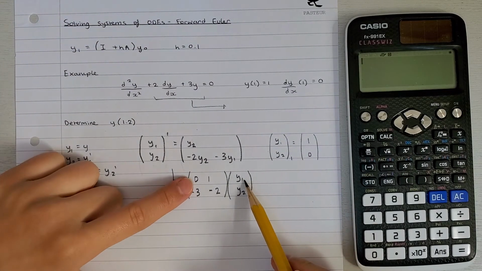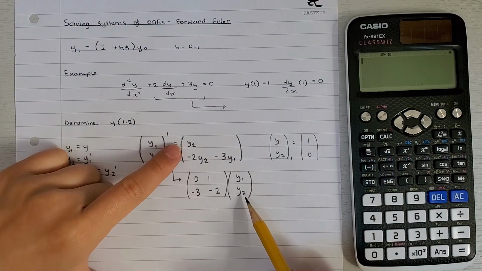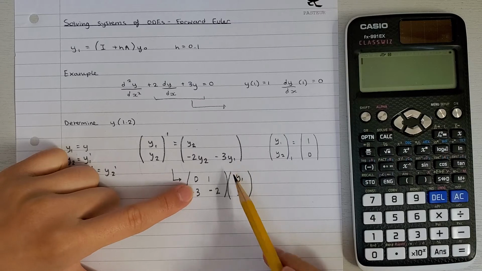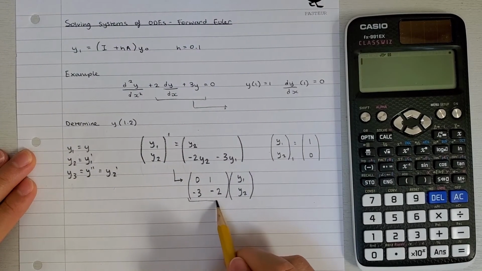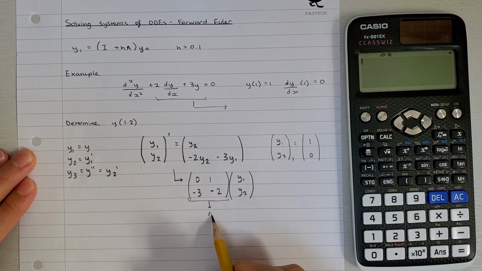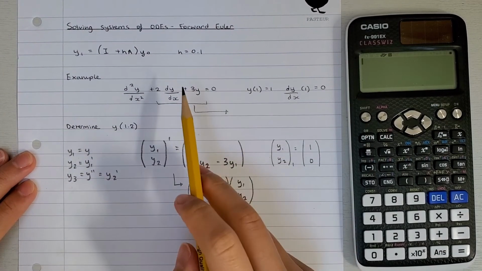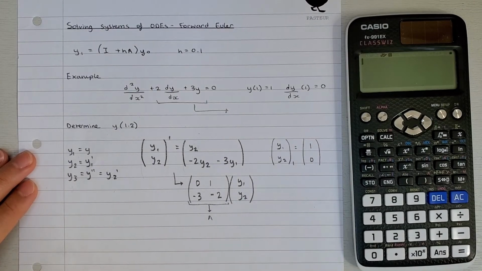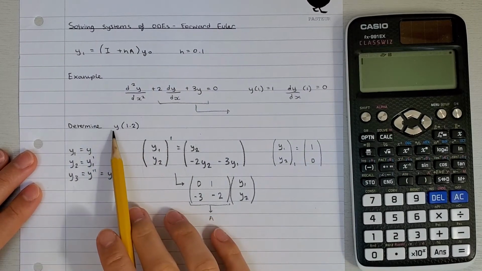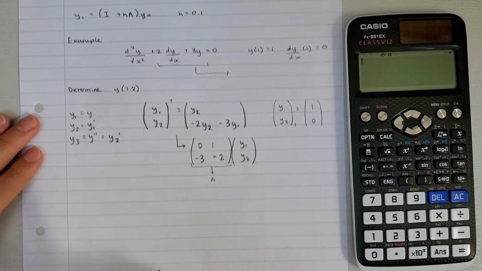So we have y1 as 0, y1, y2 as minus 3y1, minus 2y2. And this is the matrix A, which is what was in the equation up here. So now we're going to use the equation and determine y of 1.2.